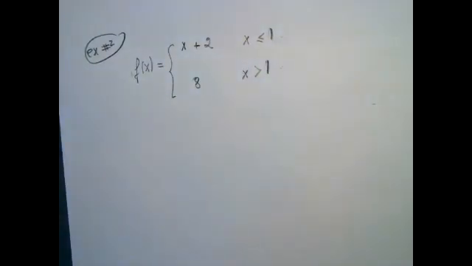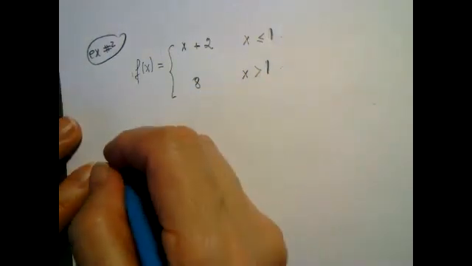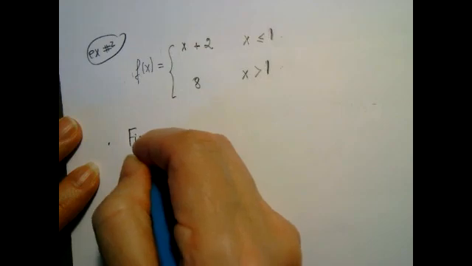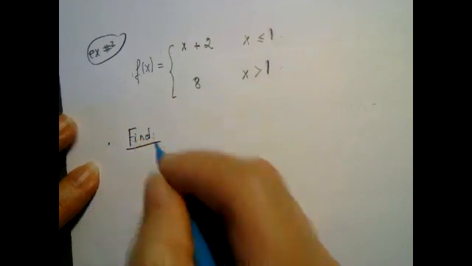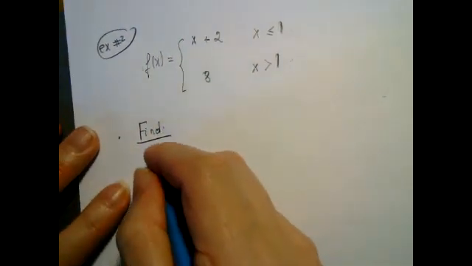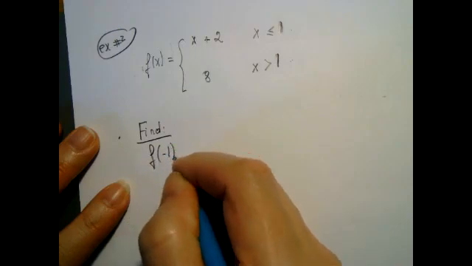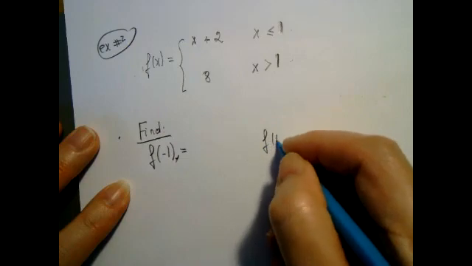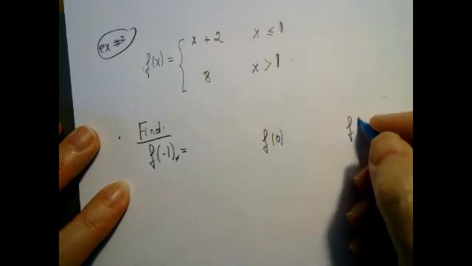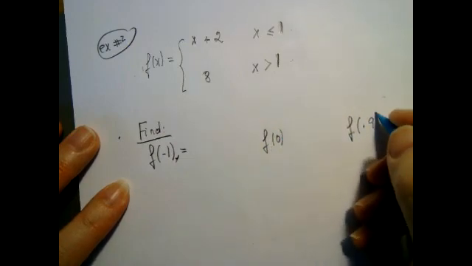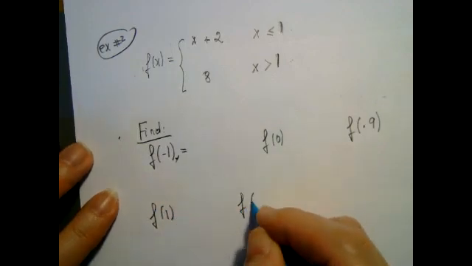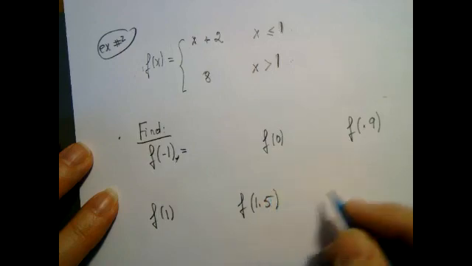And the question is, first, let us understand how the rule works and then how to graph it. So find the following. F of minus 1, f of 0, f of 0.9, why not? F of 1, f of 1.5, f of 2.